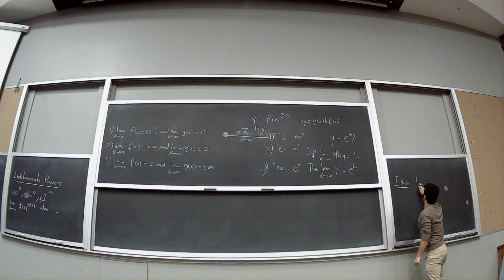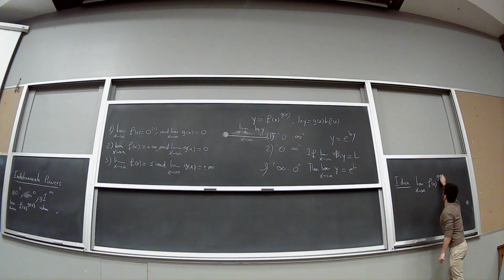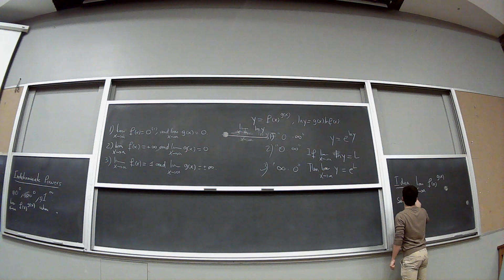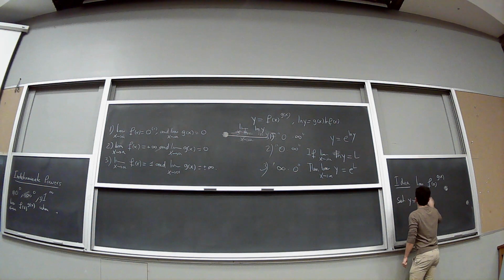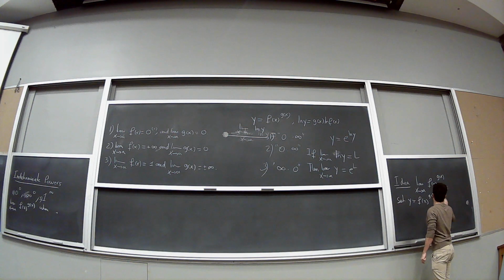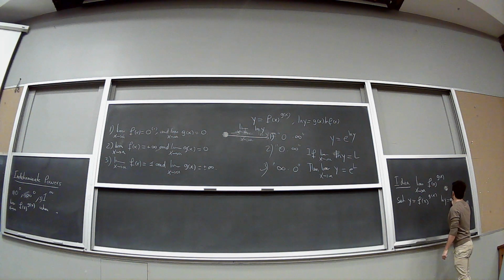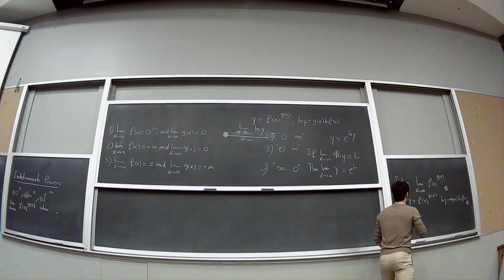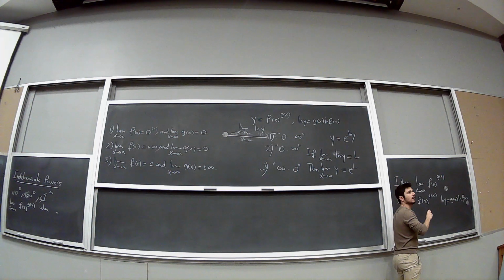If you want to find the limit as x goes to a of f of x to the g of x, set y equal to f of x to the g of x, then ln y is equal to g of x ln f of x. Of course, f of x must be strictly positive here. Any questions? No?